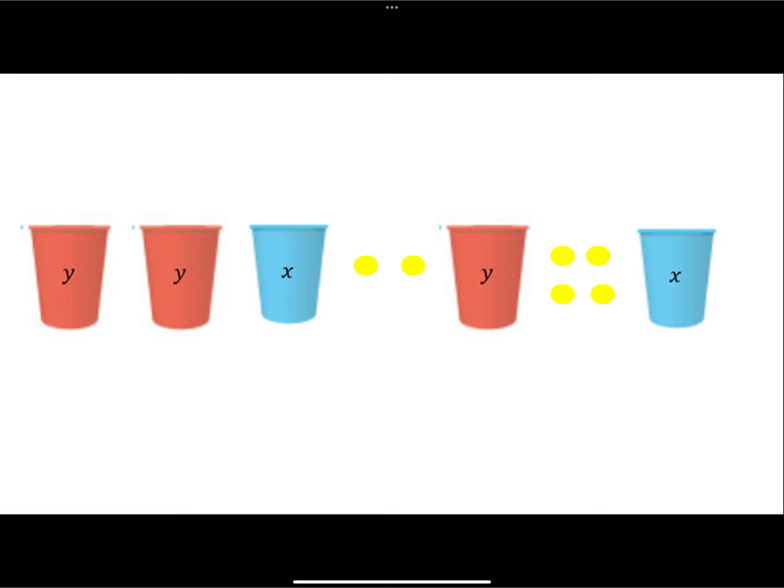So this one I can see I have two different types of variables. I have a y plus a y plus an x plus this constant here plus another y plus a constant plus an x.